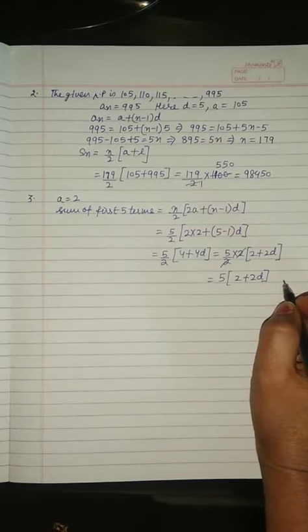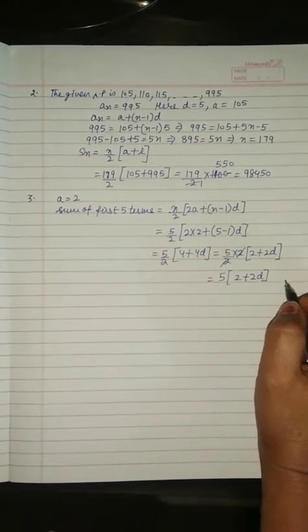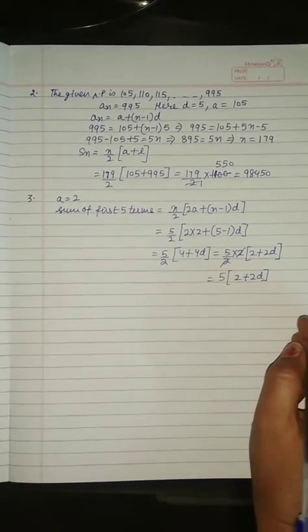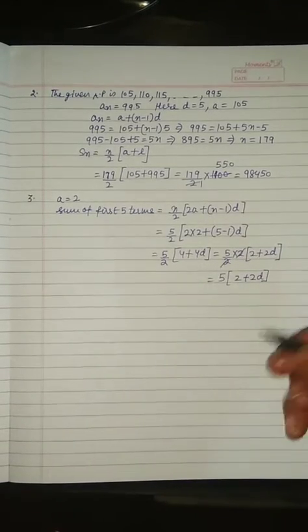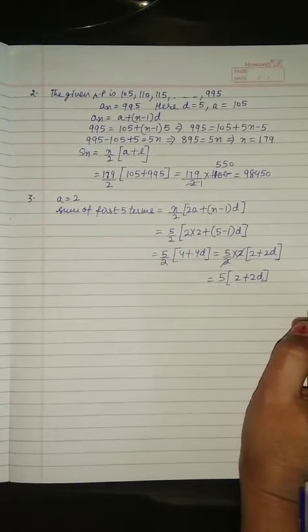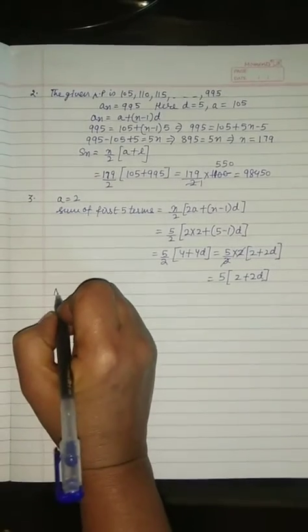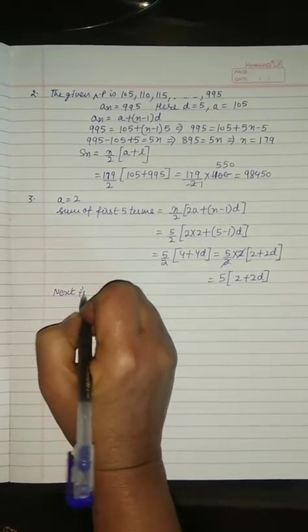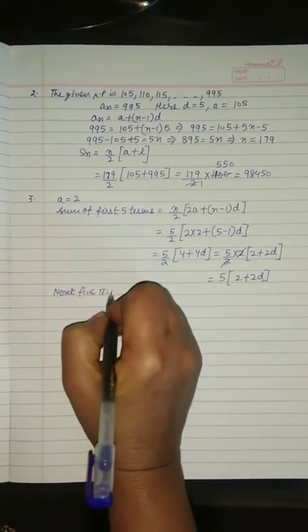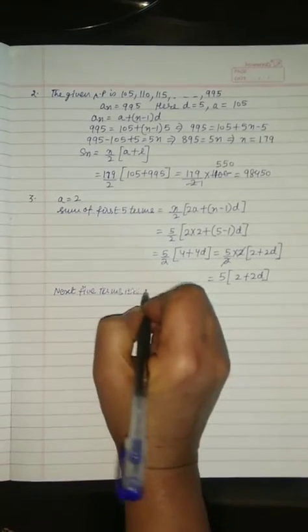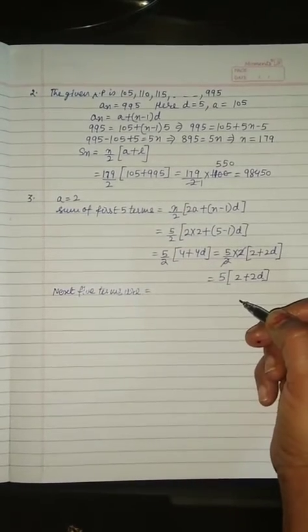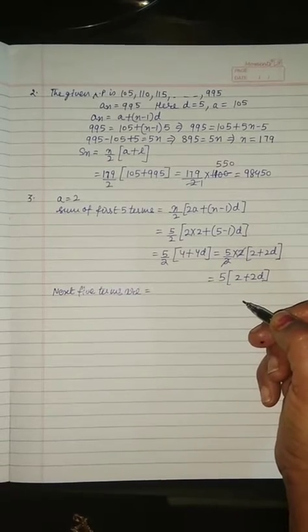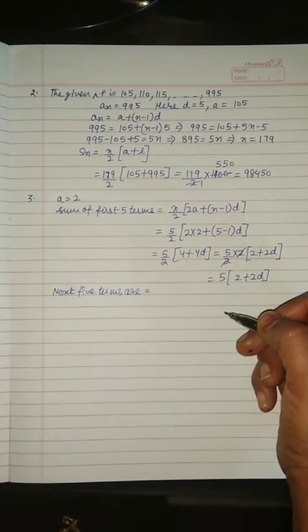Now we have to find the sum. We are given that this sum is equal to 1/4 the sum of the next 5 terms. So what will be the next 5 terms? Now the next 5 terms will be, see, the fifth term will be a plus 4d.